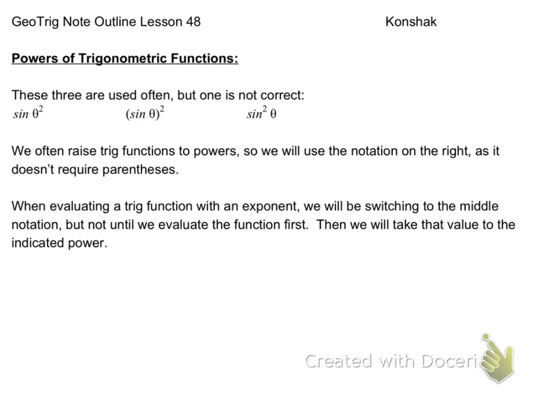Because really what we're going to do is, on the bottom there, we're going to just switch the sine, cosine, tangent, and so forth function into its ratio first, and then apply the power. So we have to do what we did last time first, and then you could square it, cube it, square root it, whatever you need to do to it. That's how you evaluate functions.